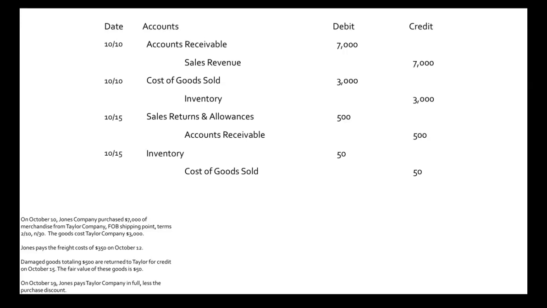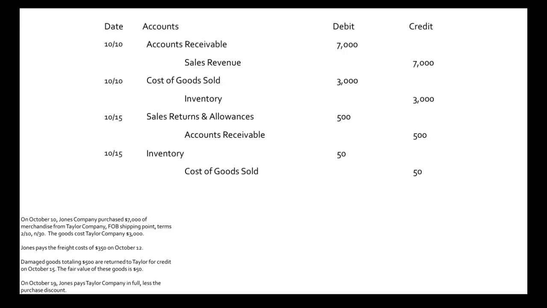So you'll notice the entries on October 10th look somewhat similar to October 15th. On the 10th, we dealt with accounts receivable and sales revenue. On the 15th, we dealt with sales returns and allowances, which is a contra revenue, and accounts receivable.